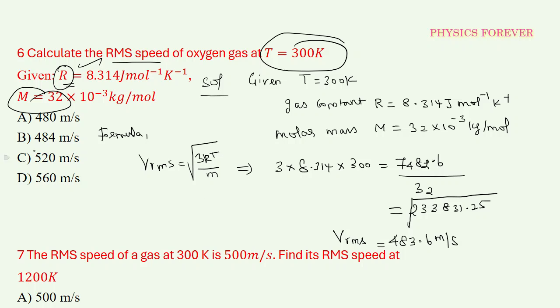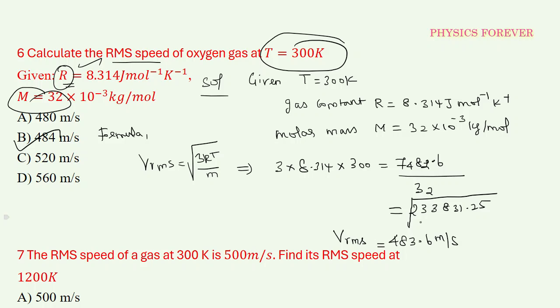So which one is correct from the options? It should be approximately 484, so option B is correct. By knowing this formula, we can solve this problem.